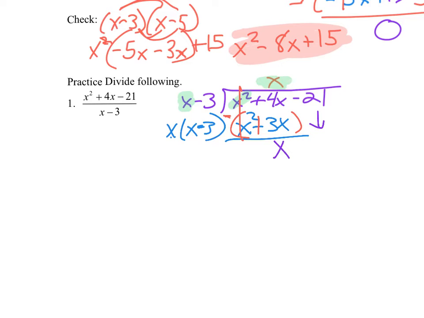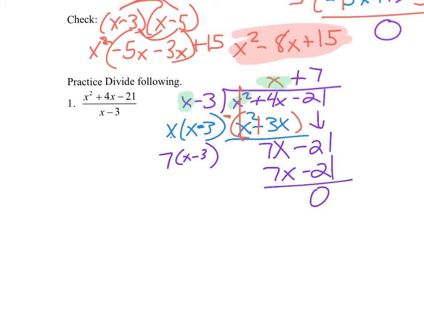I'm going to go back, and this is now a 7x. You're probably screaming at the screen as I blindly moved on. All right, so now this is going to need a plus 7. So I'm going to take 7 times the x minus 3, and that's going to give me 7x minus 21. So no remainder.